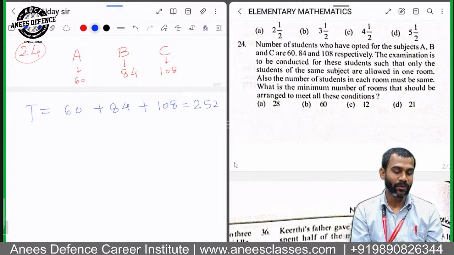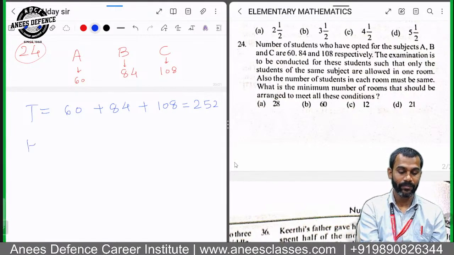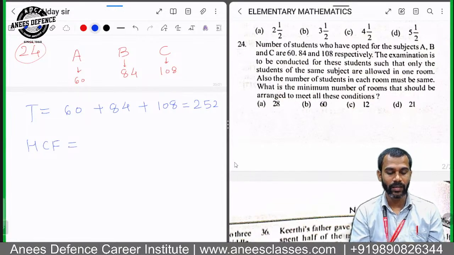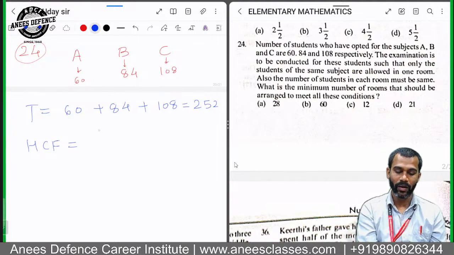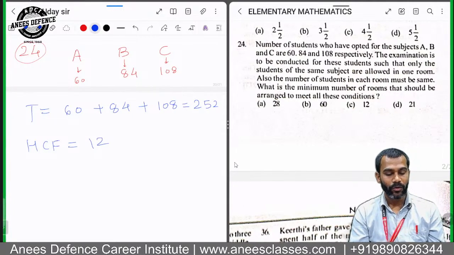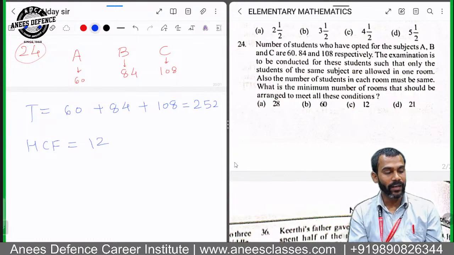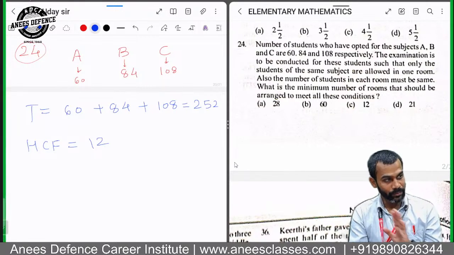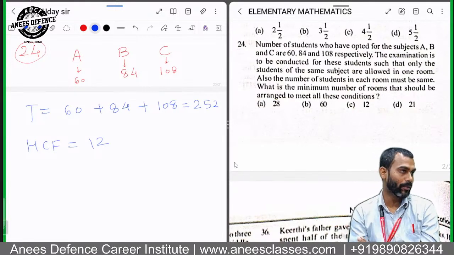So, what is HCF of 60, 84, and 108? HCF of 60, 84, and 108 is 12. Yes or no? Now we have to divide the total number of students of subject A into equal parts of 12. 12, 12, 12, 5 times.